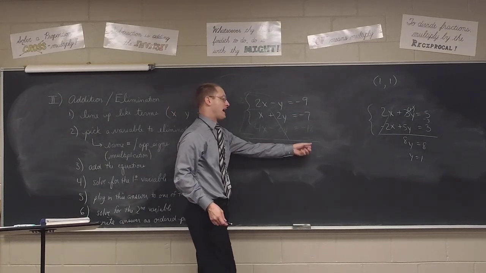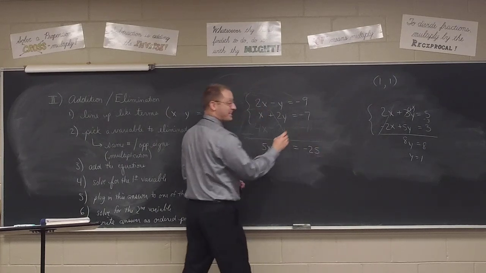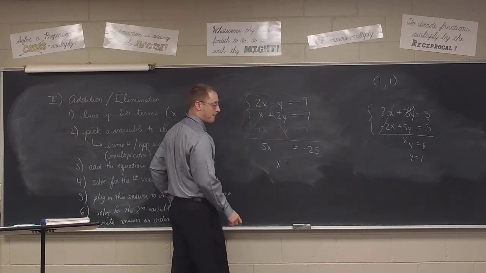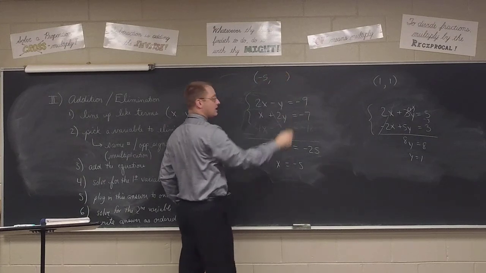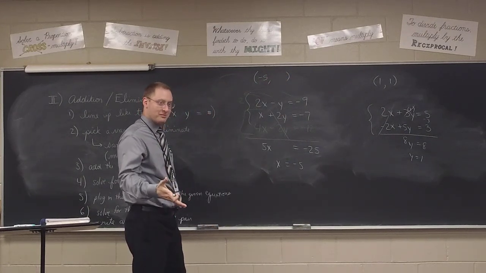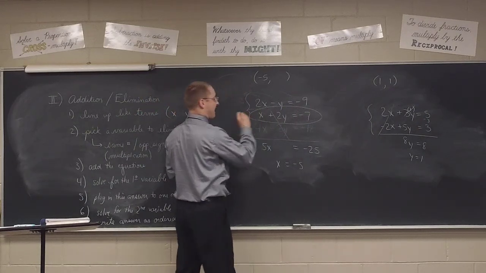Over here, class, we now add to get negative 25, add and keep the sign, meaning x is negative 5. Halfway home, there's our x. We just need y. And so let's go to this equation that we haven't messed with yet.